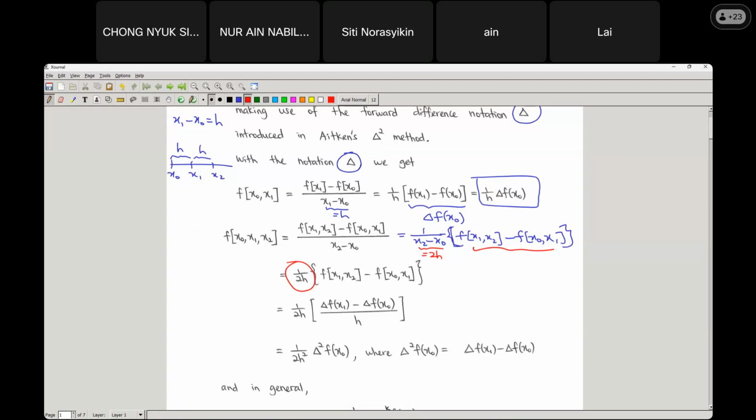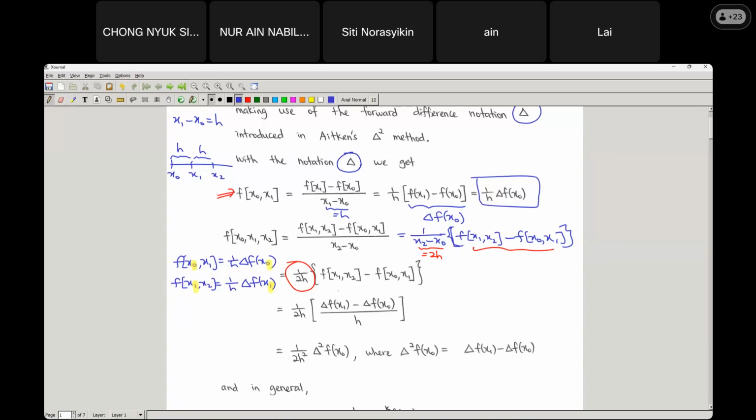Next, f[x1, x2]. We know that f[x0, x1] is equal to 1 over h triangle f(x0). So f[x1, x2] is 1 over h times triangle f(x1). You have to remember that you take the first node, so be careful; that's why I highlight it.